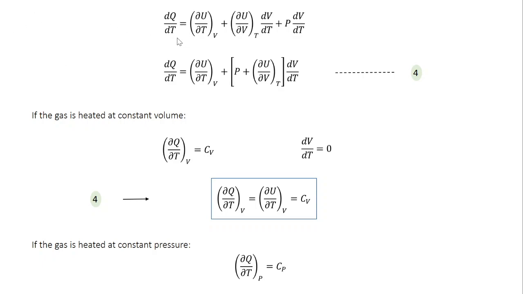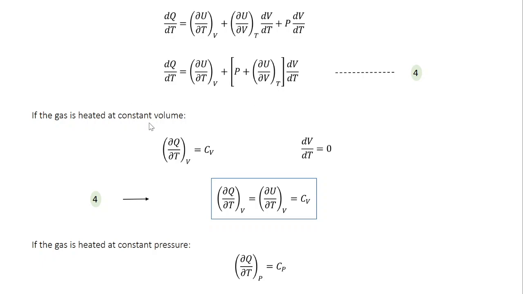So dQ/dT equals ∂U/∂T at constant volume plus ∂U/∂V at constant temperature times dV/dT plus P times dV/dT. dV/dT is common to these two terms, so I take it outside. Inside the bracket I have P plus ∂U/∂V at constant temperature.